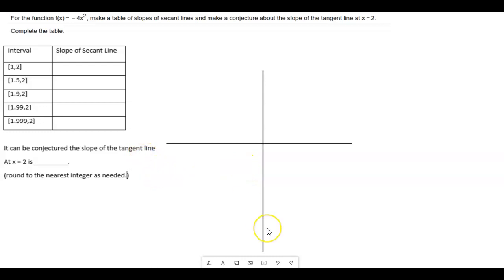So before I get into the exact problem, I just want to take a conceptual look at what we're trying to do here. We're trying to find the actual slope at the value x equal to 2.